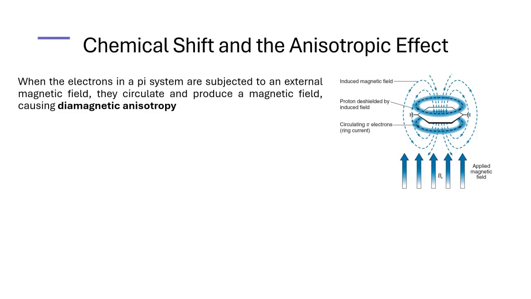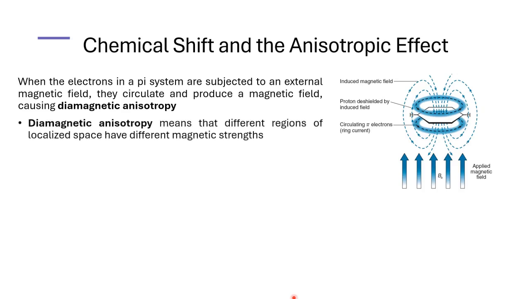Chemical shift and the anisotropic effect. When the electrons in a pi system, such as benzene, are subjected to an external magnetic field, they circulate and produce their own magnetic field, causing diamagnetic anisotropy. That means there are going to be different regions of localized space experiencing different magnetic field strengths.